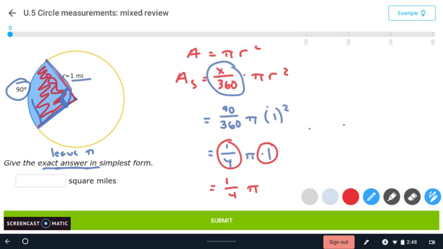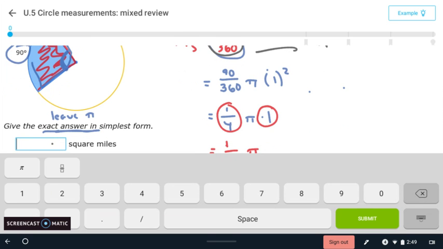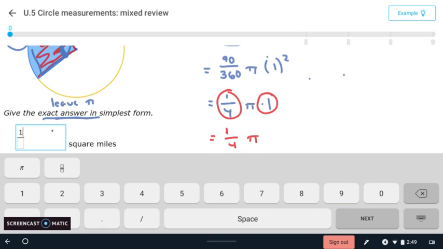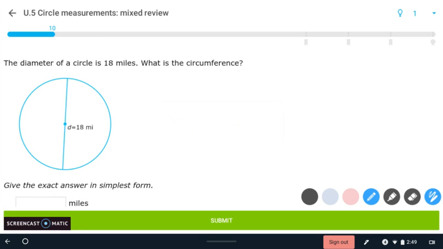Just remember, if you're calculating the area of the sector, you take the area of a circle and multiply it times that fraction. Or if you want to, just memorize the formula. First one done.